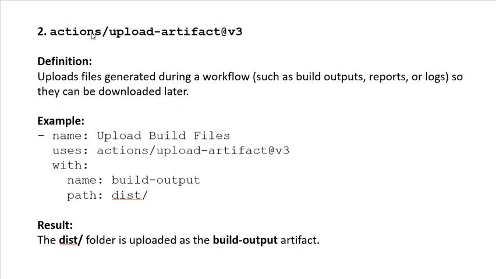The second is actions/upload-artifact@v3, which uploads files generated during the workflow, such as build output, reports, and logs, so they can be downloaded later. For example: - name: Upload build files, uses: actions/upload-artifact@v3, with: name: build-output, path: dist/.